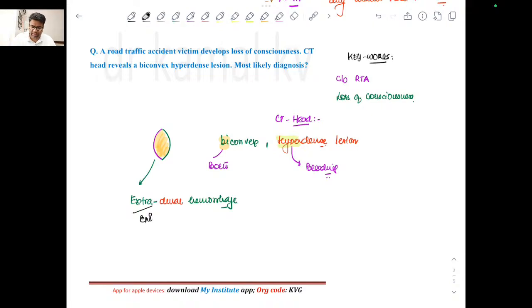So extradural hemorrhage, epidural hemorrhage, it is the same thing, right? Epi means above, extra means outside. So there is bleeding which is occurring outside the dura mater, so it is known as extradural or epidural hemorrhage.